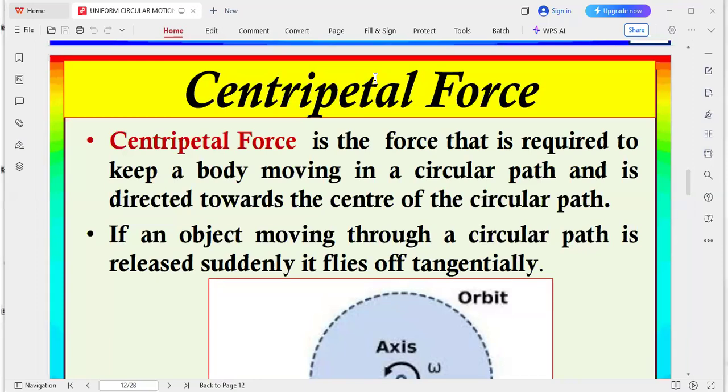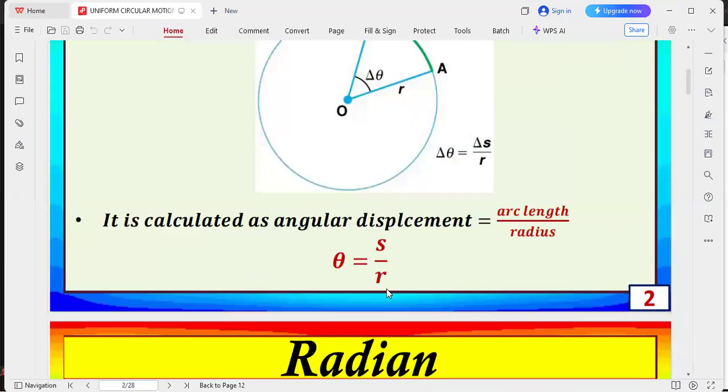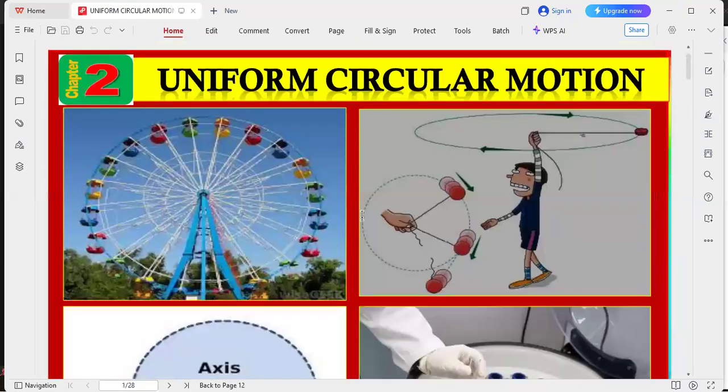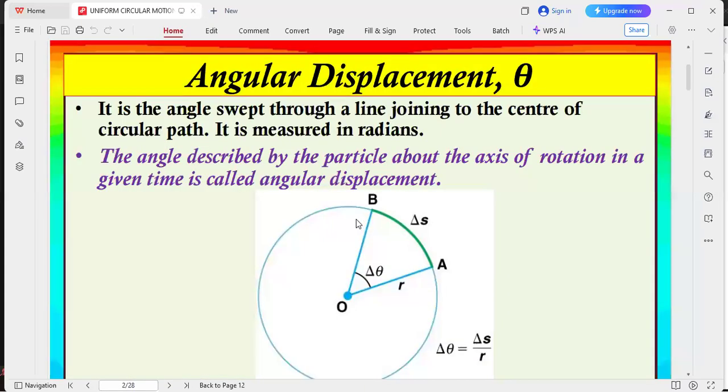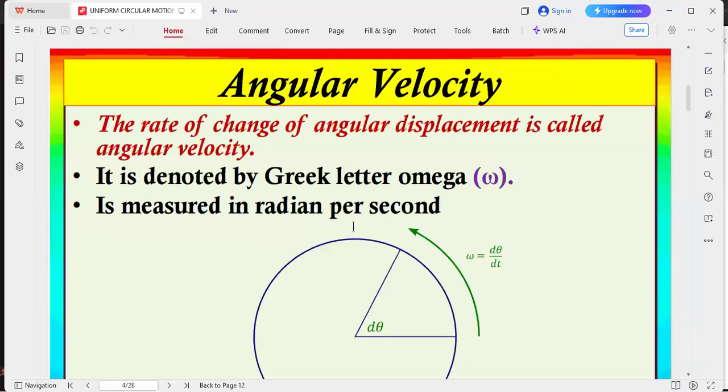Yes, Alan? Could you repeat how we explain angular velocity? Yes. Okay. Let me go back to angular velocity.